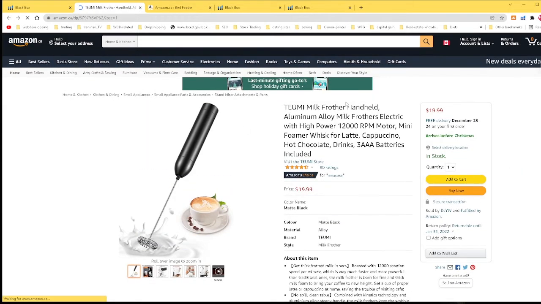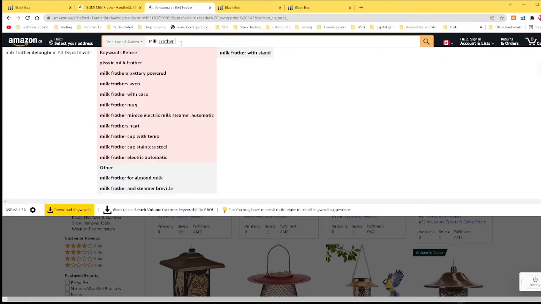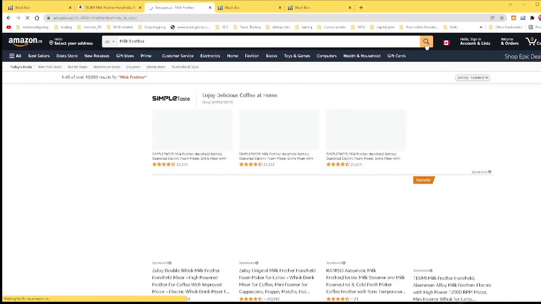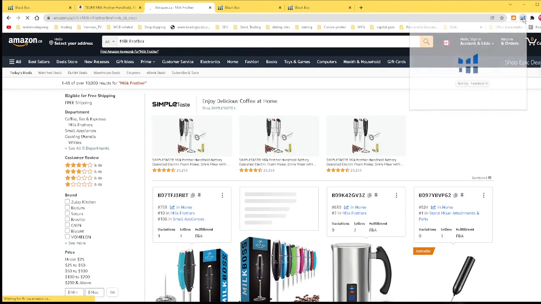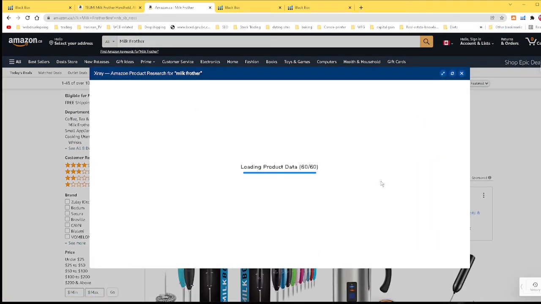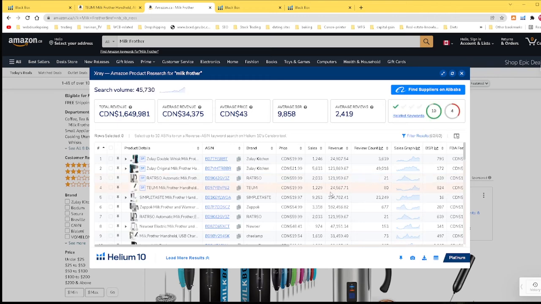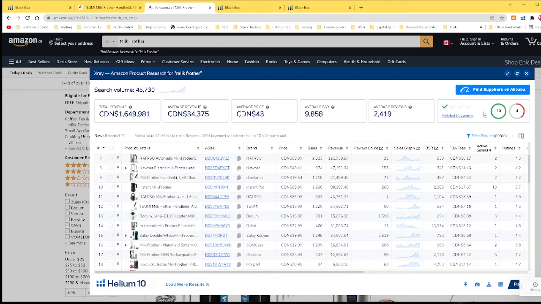Milk frother. So let's see how much revenue we can make from milk frother. We put in the keywords milk frother, and then we search. We're going to go for X-ray again and do our research.